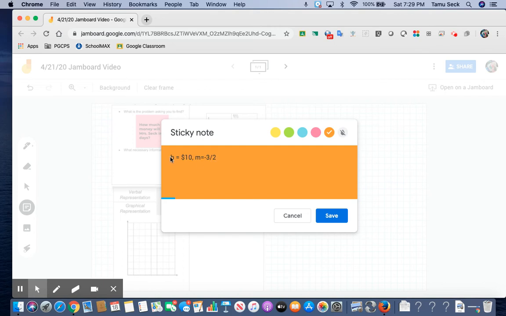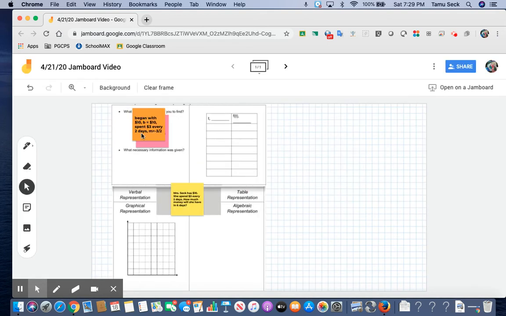So I began with $10, which means that B is equal to 10, and then I spent $3 every 2 days, which means that M is equal to -3/2. So I'm going to put my post-it right here.